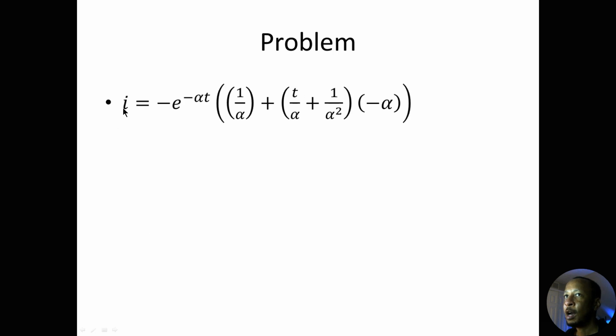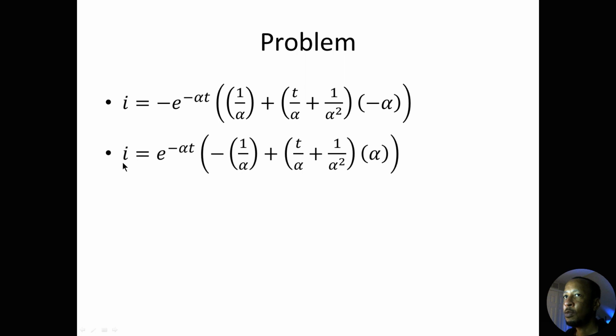Then we have I equals negative e^(−αt) times the quantity 1/α plus (t/α + 1/α²) times negative α. Then that expression simplifies a little more to I equals e^(−αt) times the quantity negative 1/α plus (t/α + 1/α²) times α.